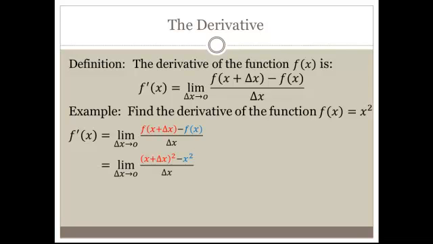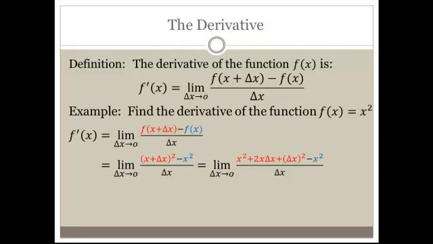And since the function f of x squares its input, f of x plus delta x is x plus delta x squared, and f of x is simply x squared. To simplify this, we need to multiply out x plus delta x squared. When we do this, we get x squared plus 2x delta x plus delta x squared.